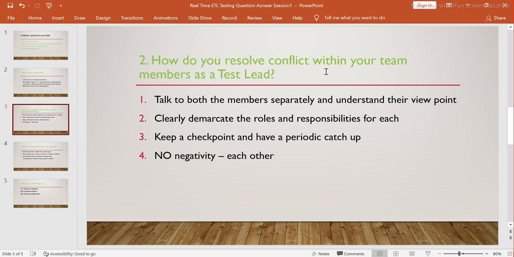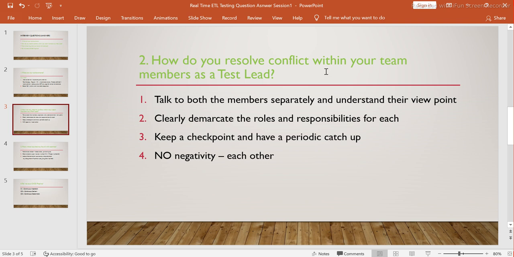They should not think that you will take it otherwise, or that you have some soft corner for some person. This kind of thing should not be there, right? As a team lead, you should have a very professional relationship with the team members.